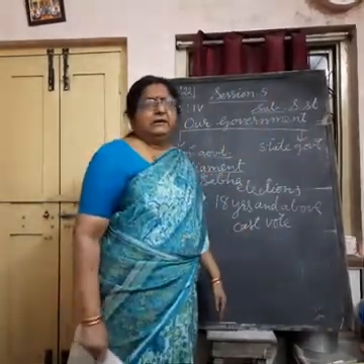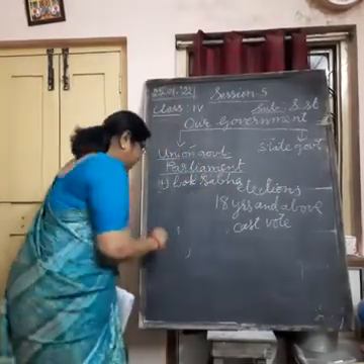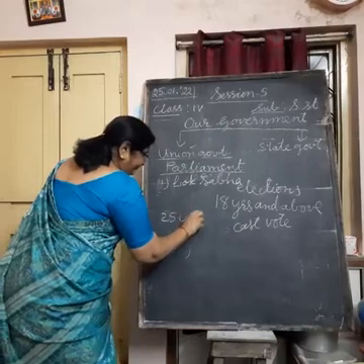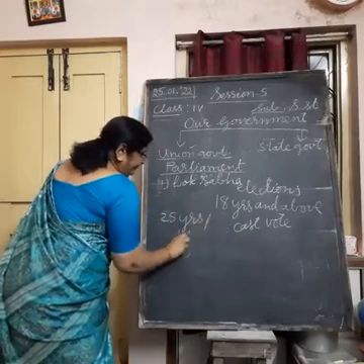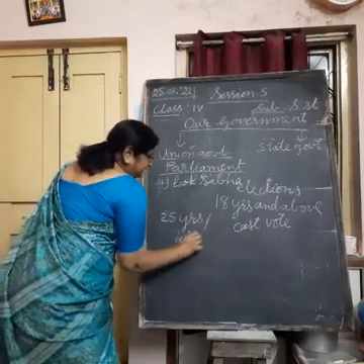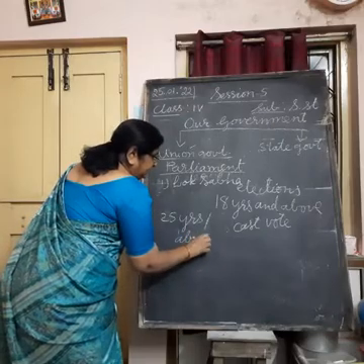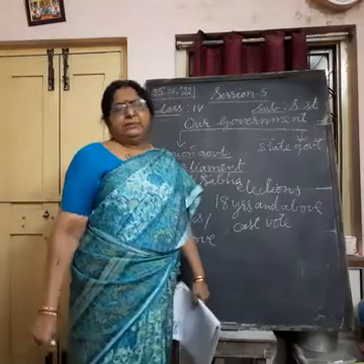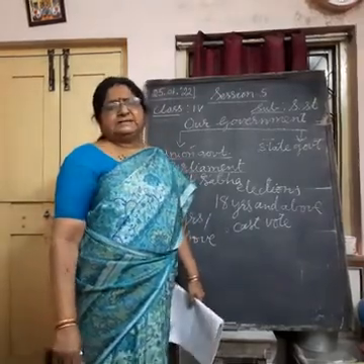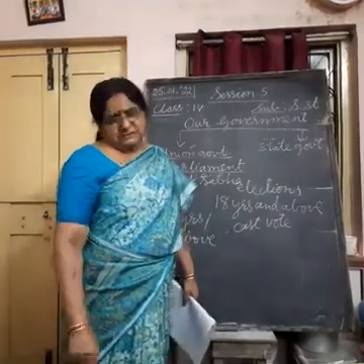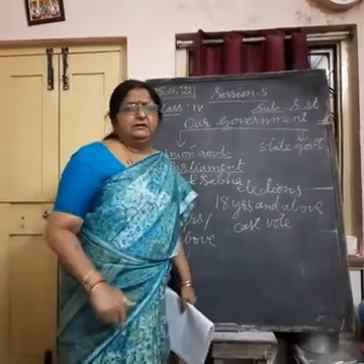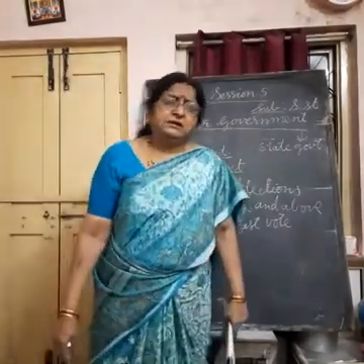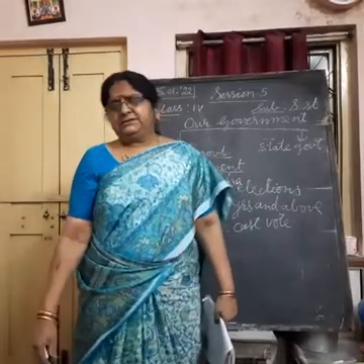And the person who is 25 years and above can contest the election. The person who is 25 years and above can contest the election, compete for the election. In simple way I can tell. Understand? And so many parties will contest the election.